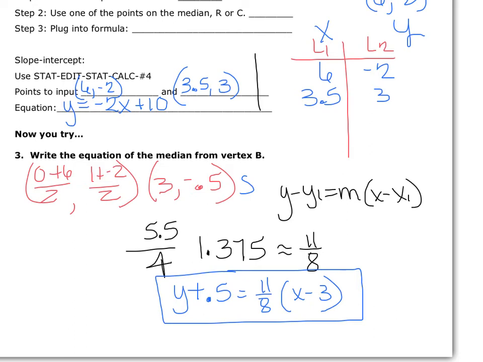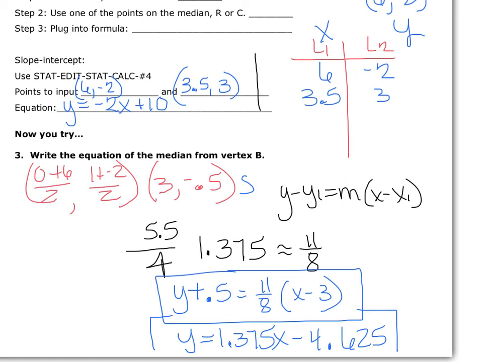So in stat edit stat calc, you would put point B, which is 7, 5, and then you would put this point here, 3, and then negative 0.5. And then do stat, right arrow over to calculate, hit number 4, enter all the way through, and then it's going to give you the equation of the line in slope-intercept form, and that is y equals 1.375x minus 4.625. So if you did stat, edit, stat, calc, that's the equation you should get there.